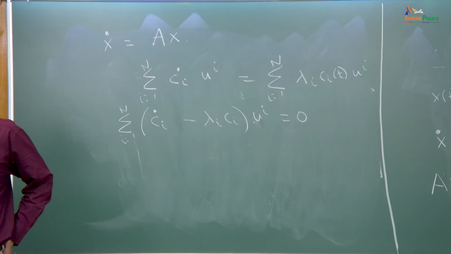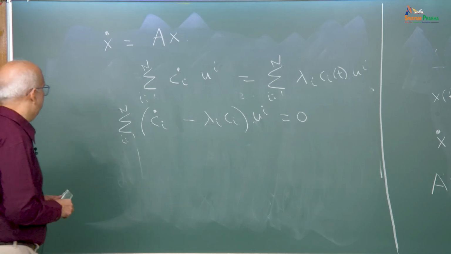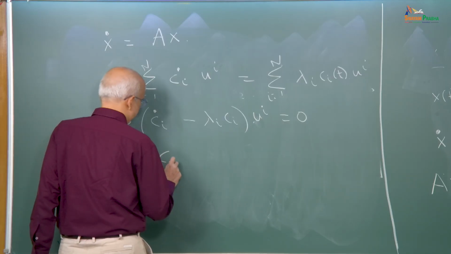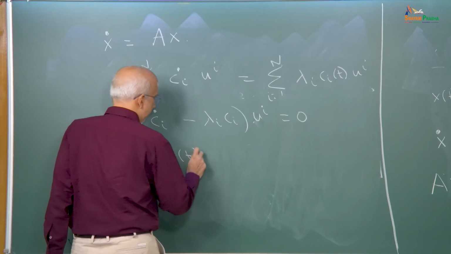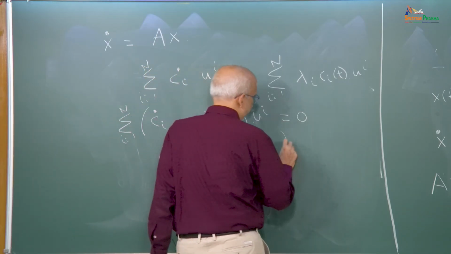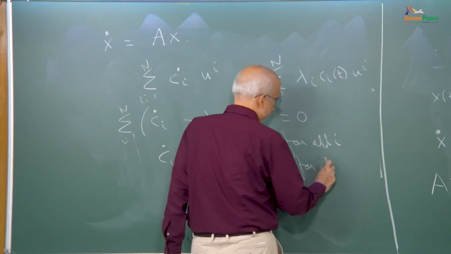Again, the ui's are independent. So, at every time instant the coefficients have to be 0, and therefore, we say that Ci dot of t must be equal to lambda i Ci of t for all i, for all t.